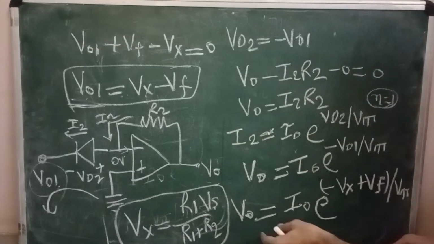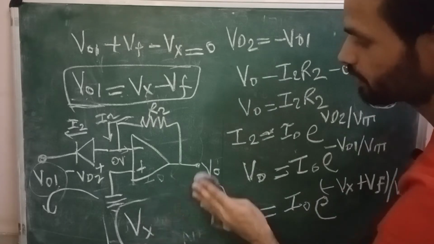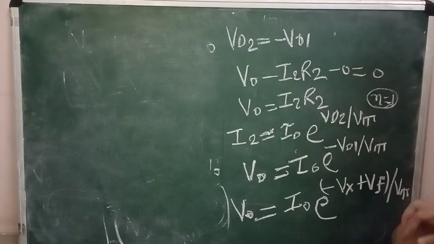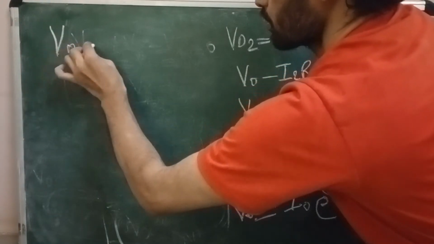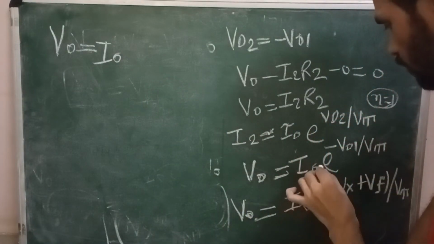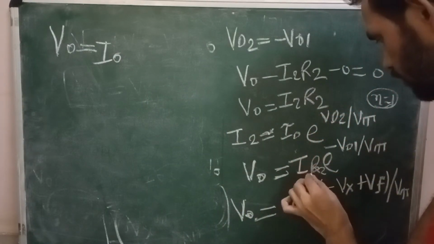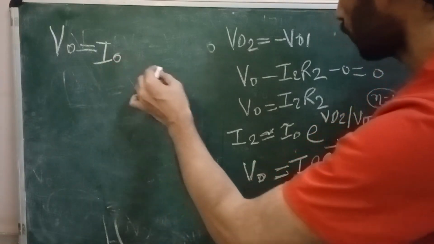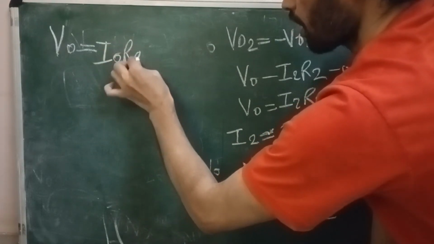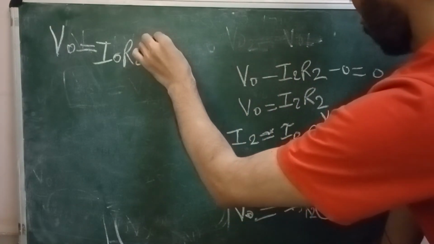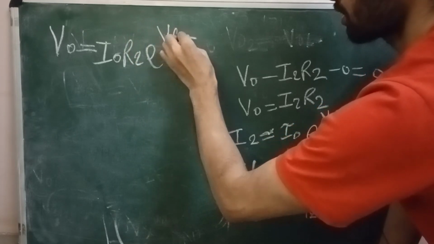Now we will put this value here. So what will we get? The final answer is V0 equal to I0 into R2, so I0 into R2 e to the power Vf minus Vx.